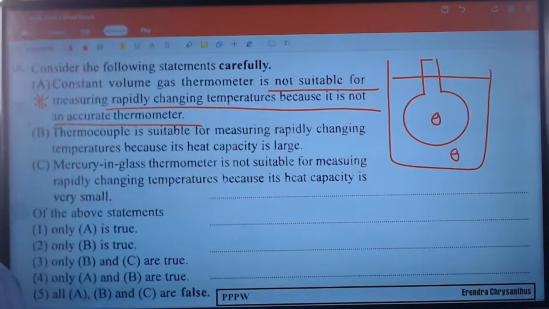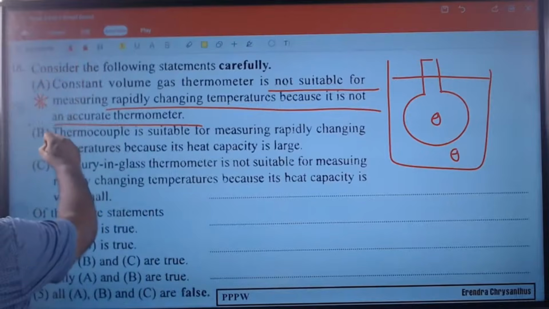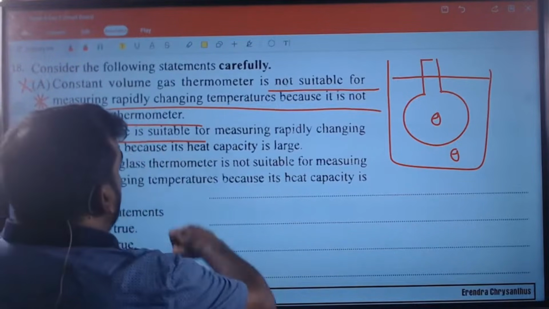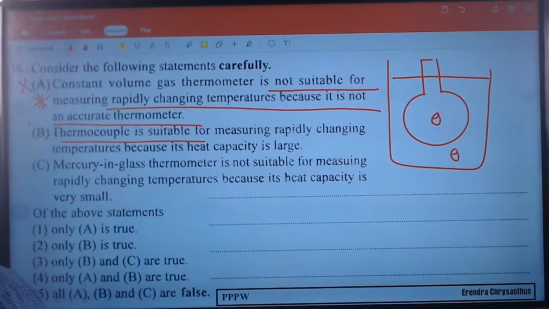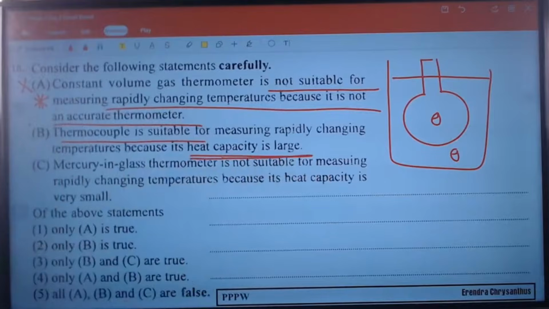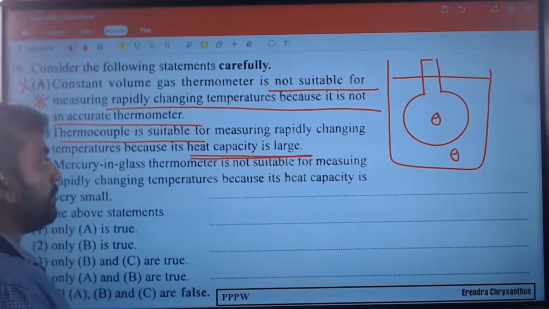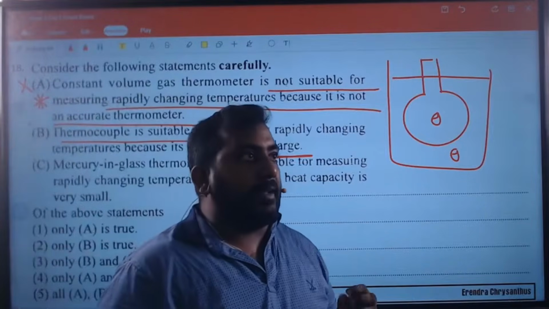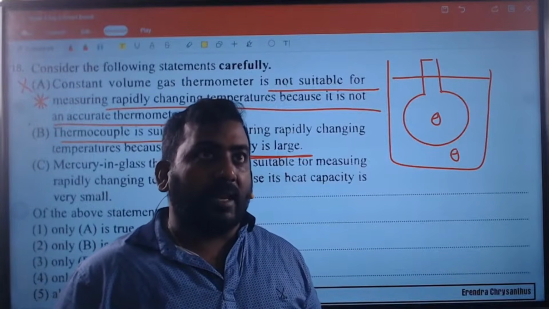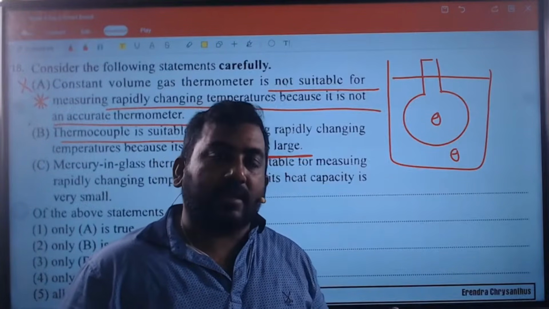Next one. Thermocouple. So statement A is wrong. Thermocouple is suitable for measuring rapidly changing temperatures because heat capacity is large. Remember, if heat capacity is large, the metal will absorb a lot of heat from the object.